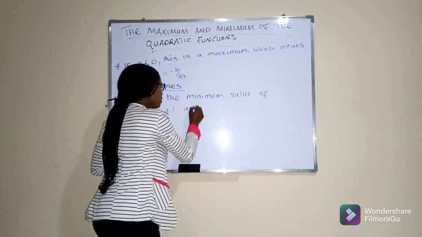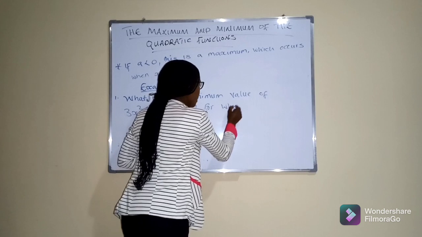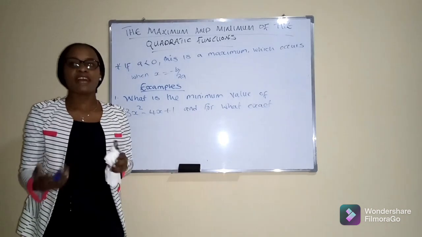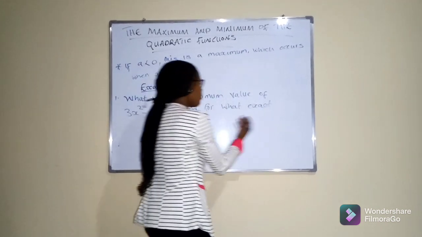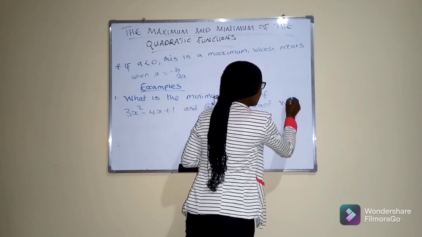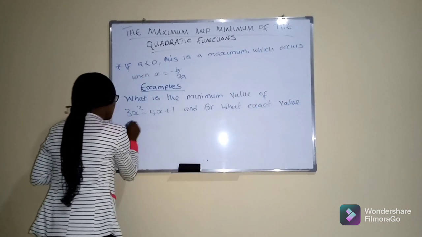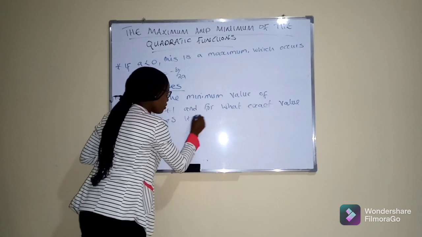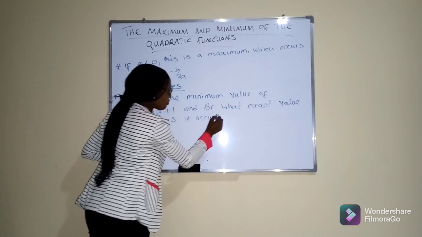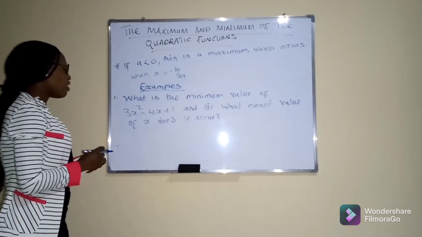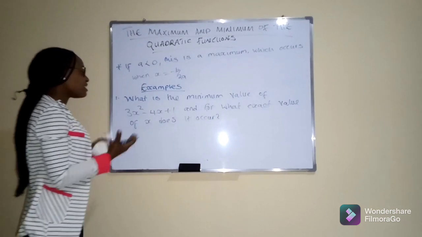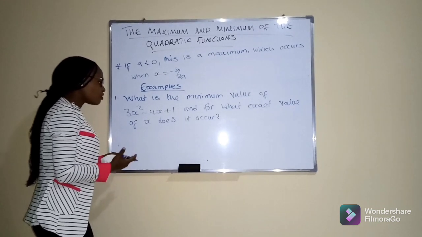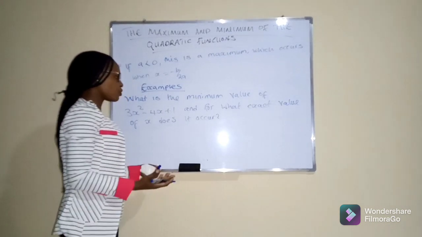And for what exact value of x does this minimum occur? So we've already been asked to find the minimum value of this quadratic function, which is 3x to the power 2 minus 4x plus 1.